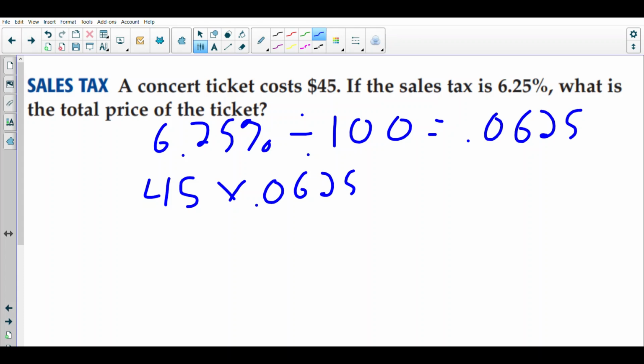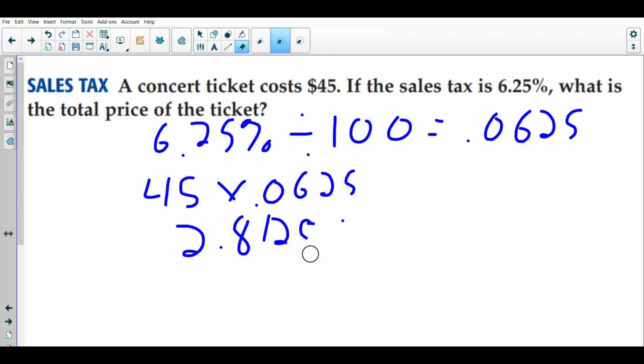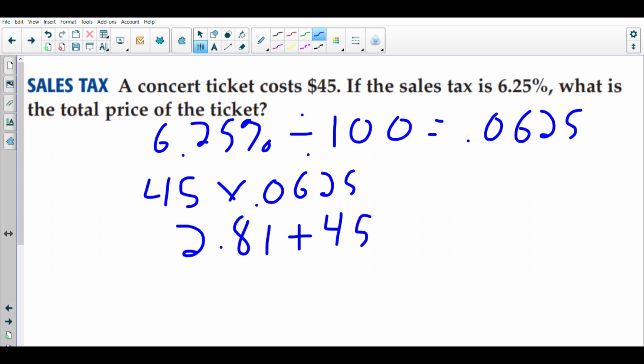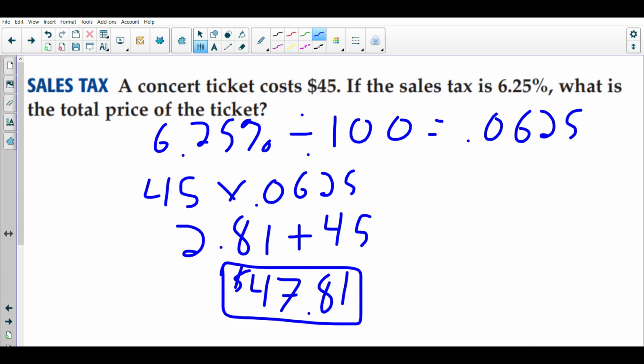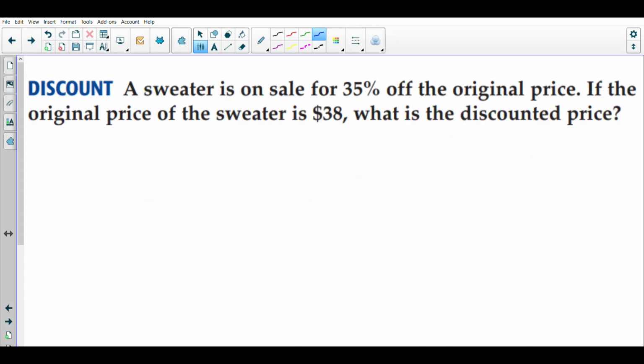Awkward numbers, a lot of extra work. I'm going to grab my calculator, and I get 2.925, and I'm going to round that to 2.93 because we're talking money. Then take that and add it to the original, so we get $47.93. So after tax the ticket is $47.93.